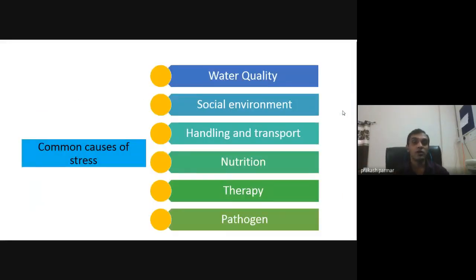So what are the common causes of stress? Basically water quality; obviously we have to maintain the water quality properly. Then the social environment. If we are talking about ornamental fishes, when we put fishes in one aquarium, we have to keep fishes which are compatible with each other.